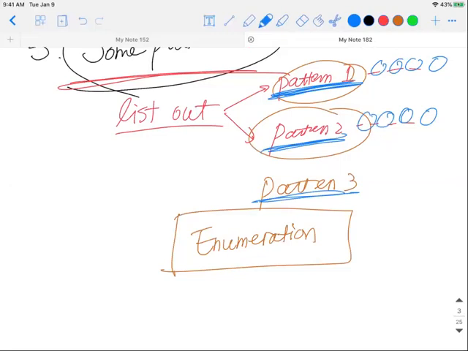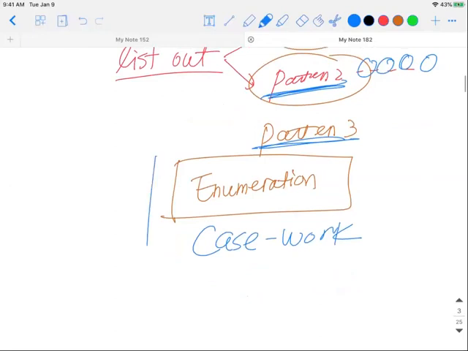And this process, we also give it a name, a casework, right? You try to break them into different cases. Okay, so that being said, enumeration plus the casework is actually a very good technology for us to basically find out, okay, what are the patterns and what are the representative for all those patterns. Okay, I think this is quite understandable.